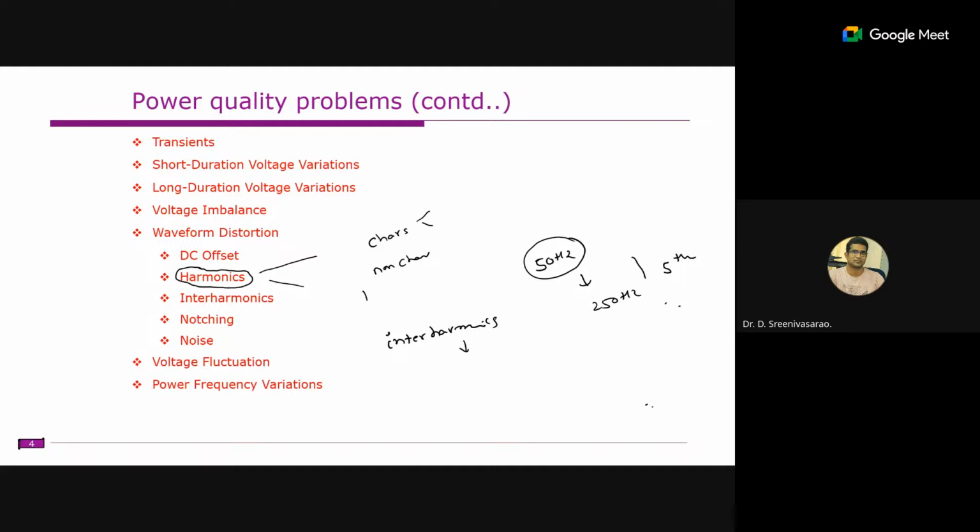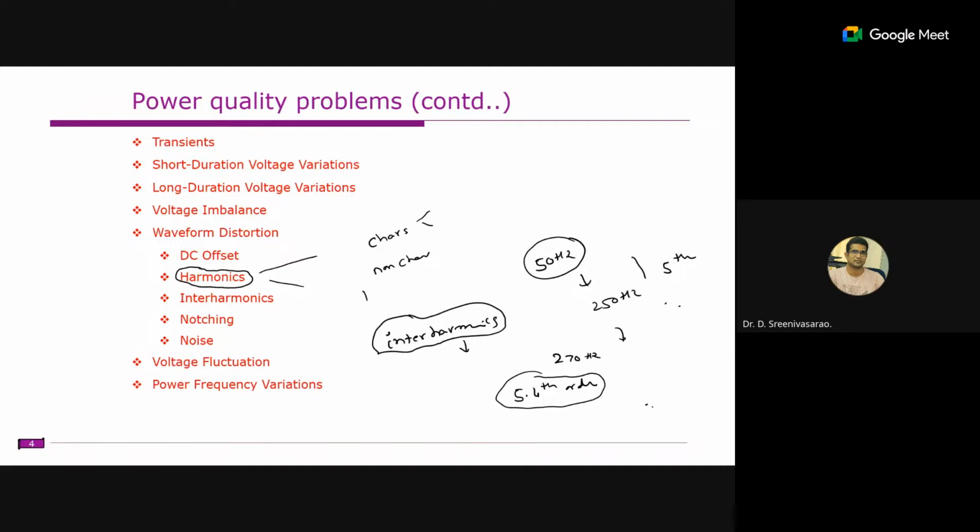Whereas if you have a 270 Hz harmonic, which is not exactly an integer multiple, it is around a 5.4th order harmonic. So these are known as interharmonics, which are non-characteristic harmonics, non-integer multiples of the fundamental.